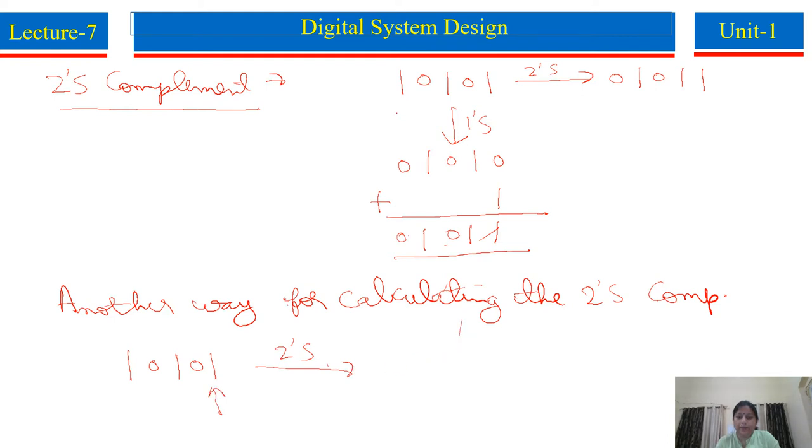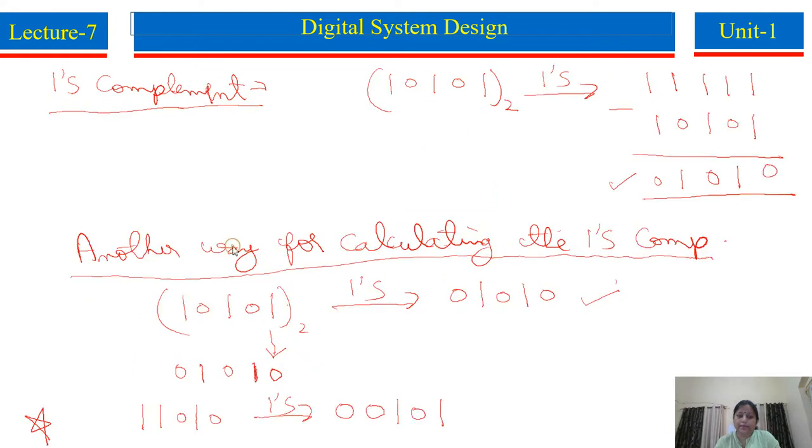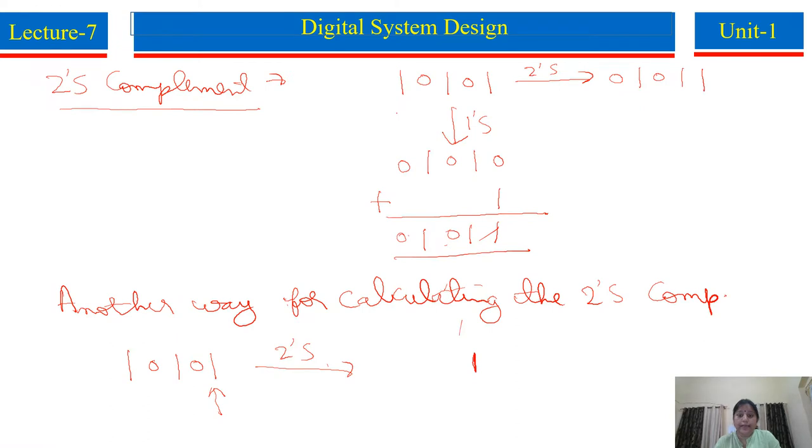LSB से शुरू करते हुए जब तक पहला वन ना मिले, राइट नंबर एज इट इज. तो देखिए LSB से स्टार्ट किया, फर्स्ट वन we get at LSB location. जब तक पहला वन ना मिले, write number as it is. Then you take the ones complement of the remaining number. Means ones complement: 0 complement is 1, 1 complement is 0, 0 complement is 1, 1 complement is 0.